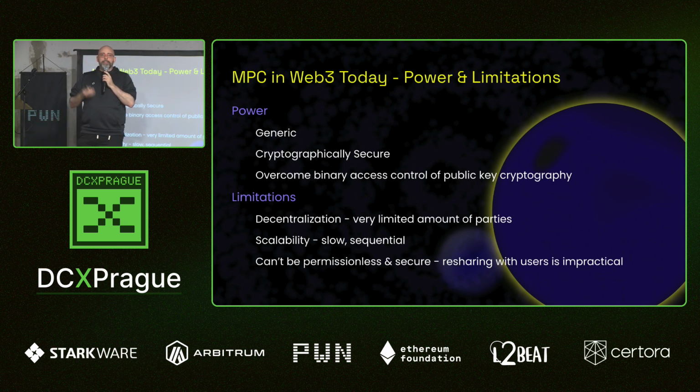Some stretch it a bit further, but the more parties you add, the performance deteriorates quadratically. It's very inefficient. I think Thorchain pushes the limit of MPC to the maximum, with a maximum of 20 parties, which isn't decentralized by any means. So decentralization is a big limitation.